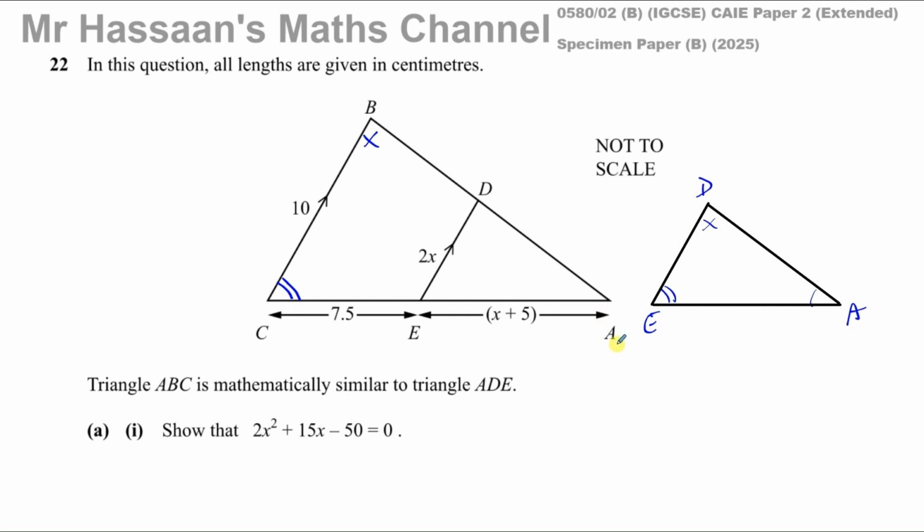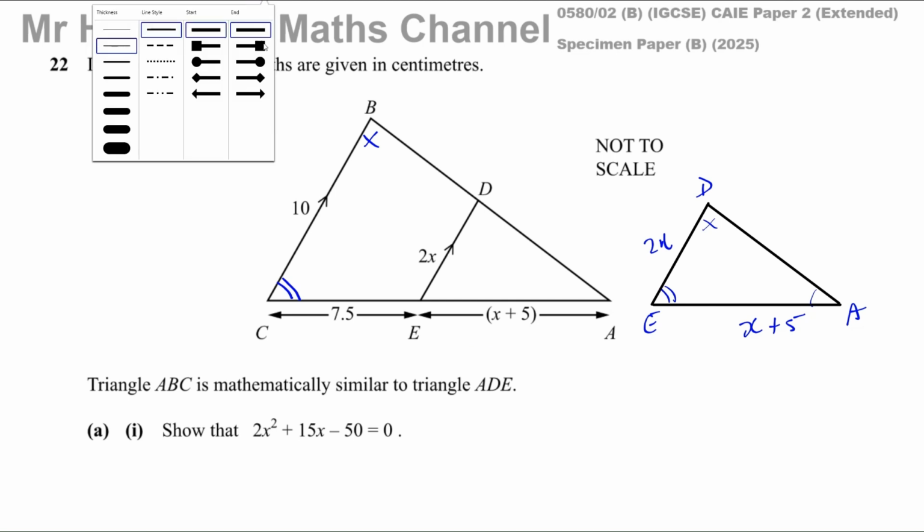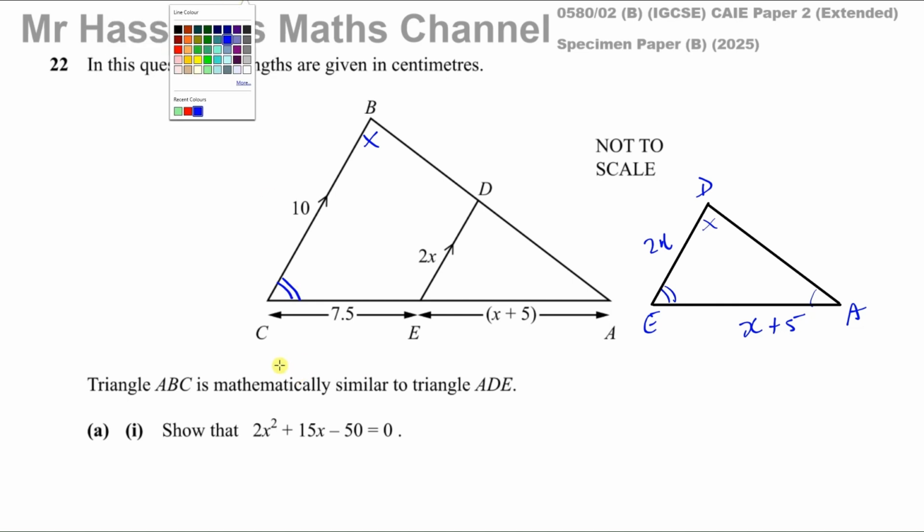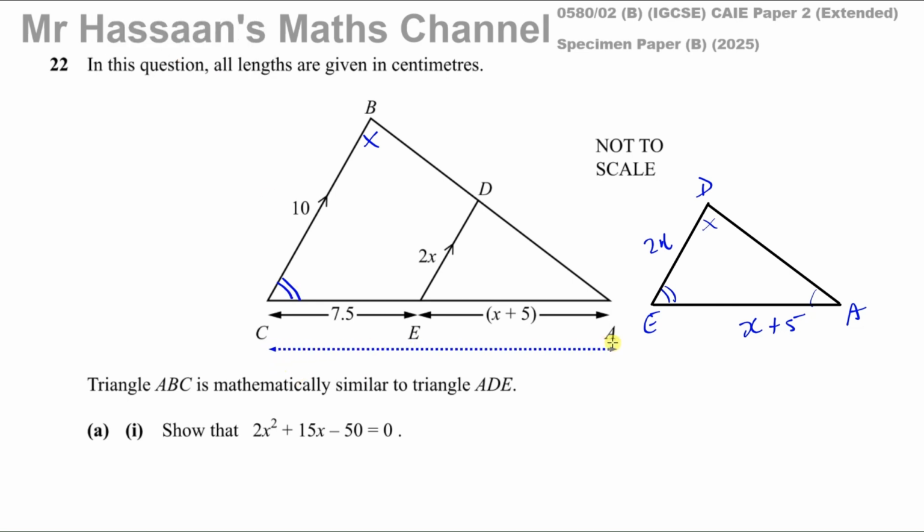Okay, and we know that the length from A to E is x plus 5, and the length from D to E is 2x. And the length here is 10, which means this whole length here is going to be x plus 5 plus 7.5.